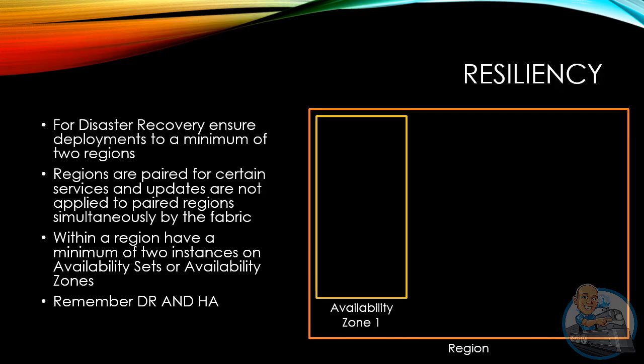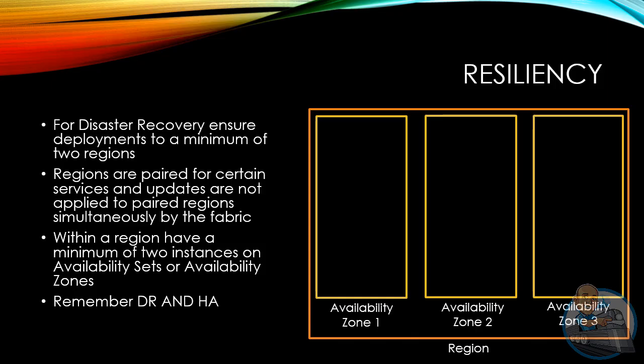This is where those separate facilities have independent cooling and power and communications. So within a certain subscription, I might see an AZ1, AZ2, and AZ3. And I would make sure I deploy my workload on separate zones. So I have one web server on AZ1, one on AZ2, one on AZ3. That would give me some additional resiliency.